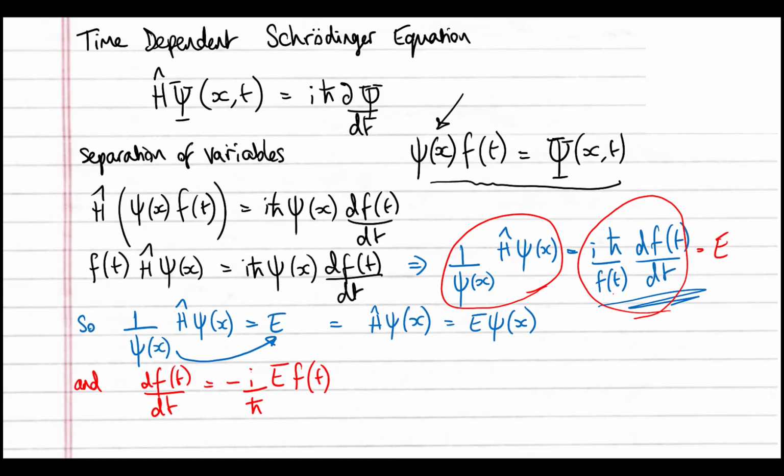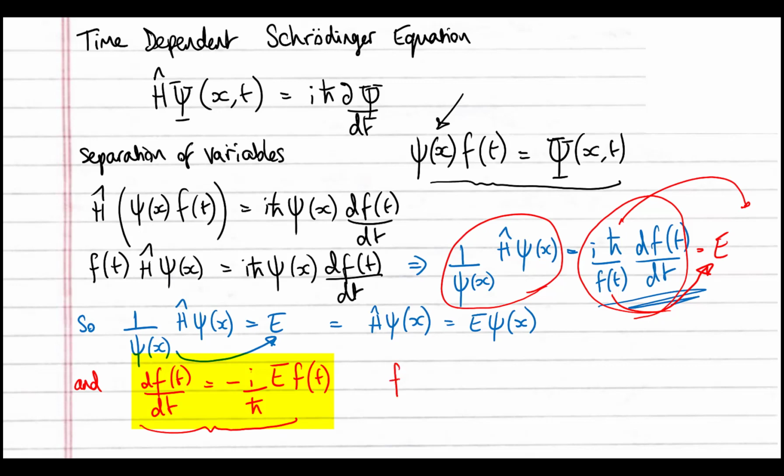So we basically bring the f of t over onto the right hand side, we bring the h bar over to this side as well, and we divide by i, and so when we have 1 divided by i, we end up getting minus i. So that's how we get this expression.